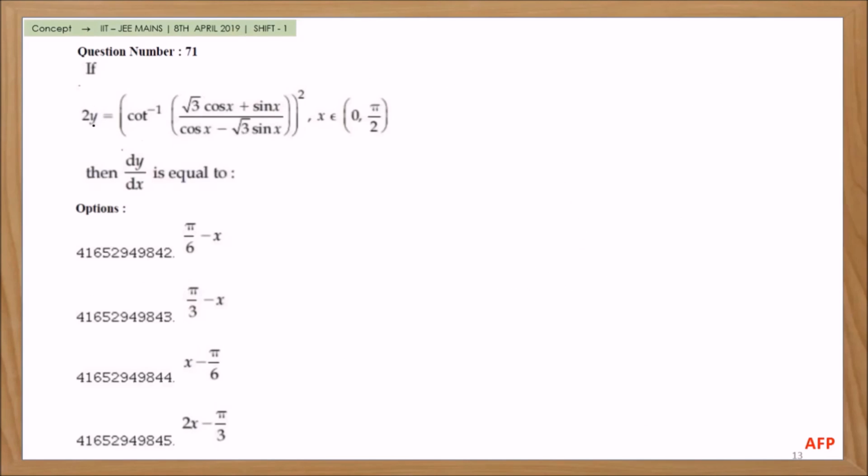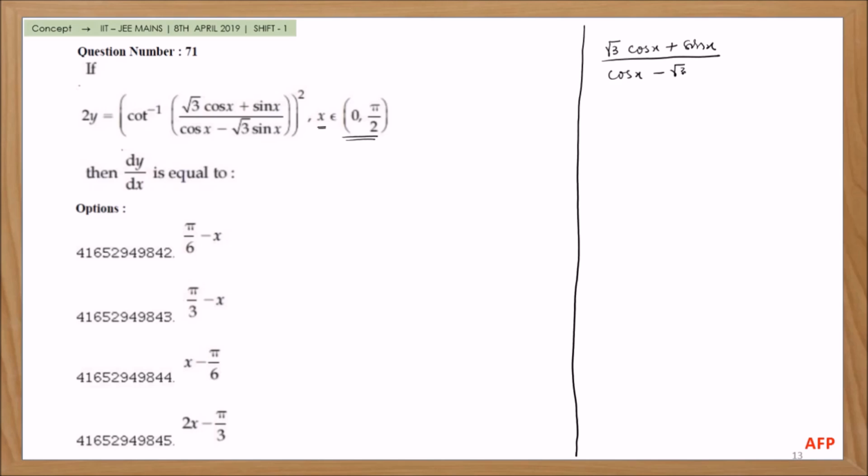Next problem, so here 2y is equals to, this term is given, and x belongs to 0 comma pi by 2. We have to find the dy by dx. So to find the dy by dx, we will simplify the inner concept. Root 3 cos x plus sin x divided by cos x root 3 sin x. So divide the numerator and denominator by cos x.